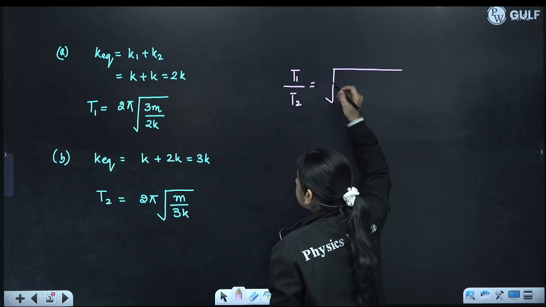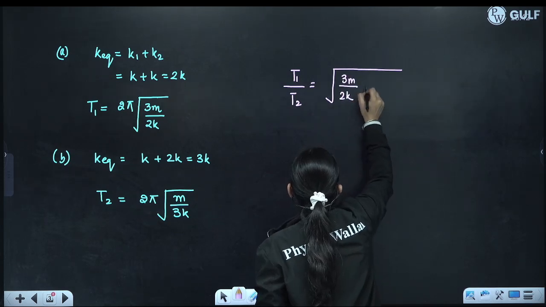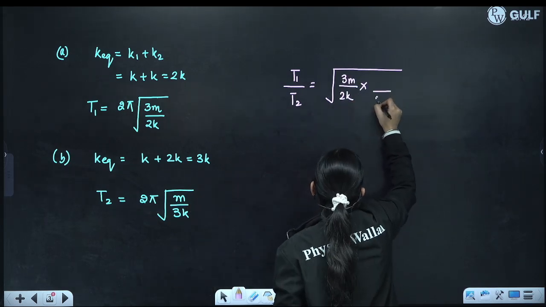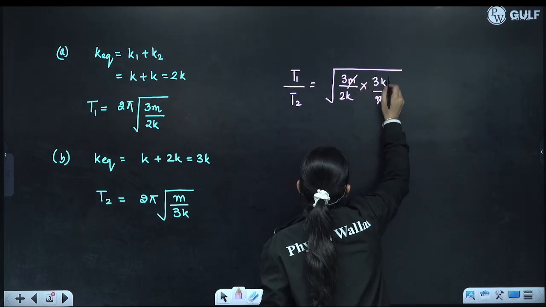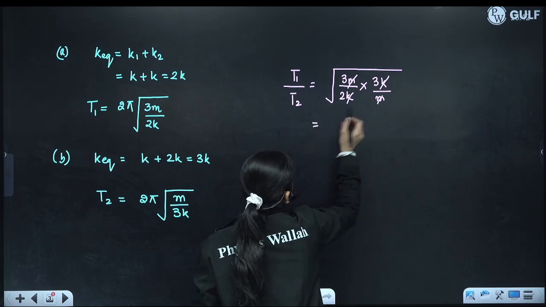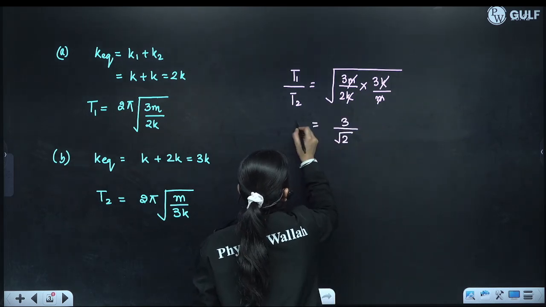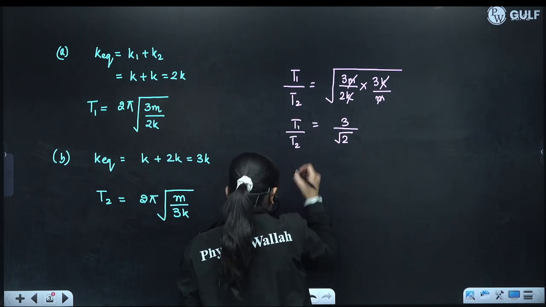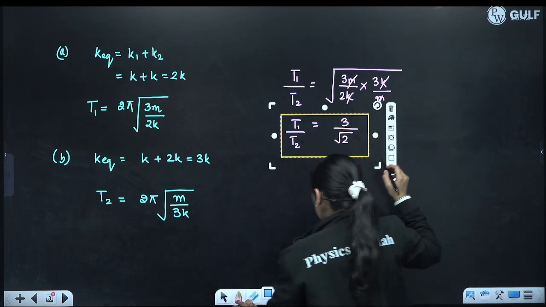What we will get is 3m by 2K multiplied by 3K by m. Okay, m cancels, K and K get cancelled. Root 3 into root 3 will become 3 by root 2. So the ratio of T1 to T2 is 3 by root 2.